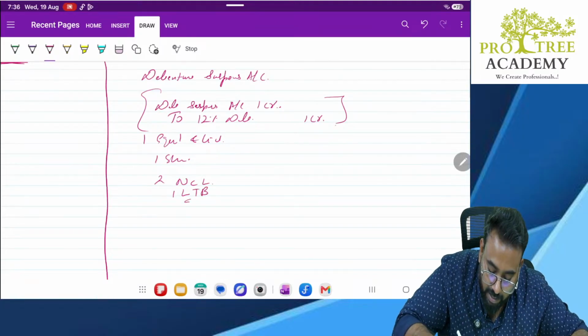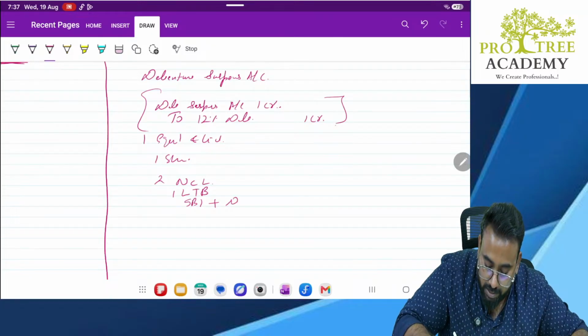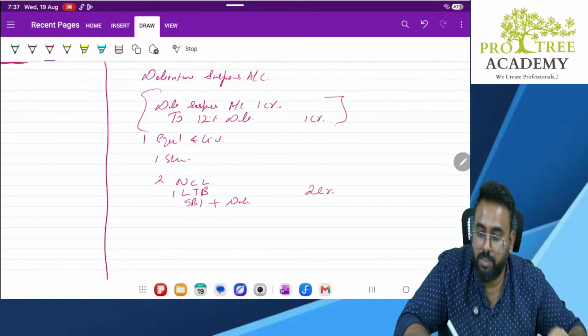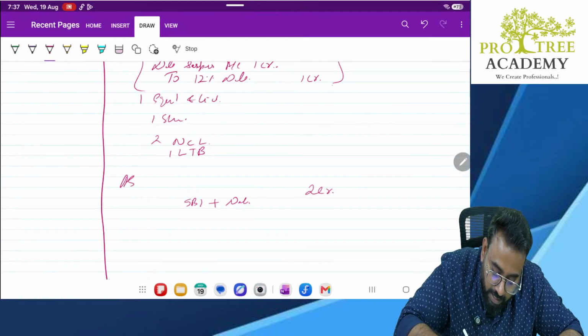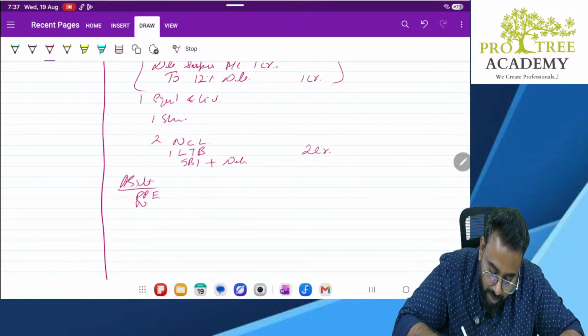Here they will show SBI loan plus debentures, total 2 crores. Okay, in assets, what do they do? PPE nothing, correct, non-current assets nothing, current assets bank 1 crore loan.